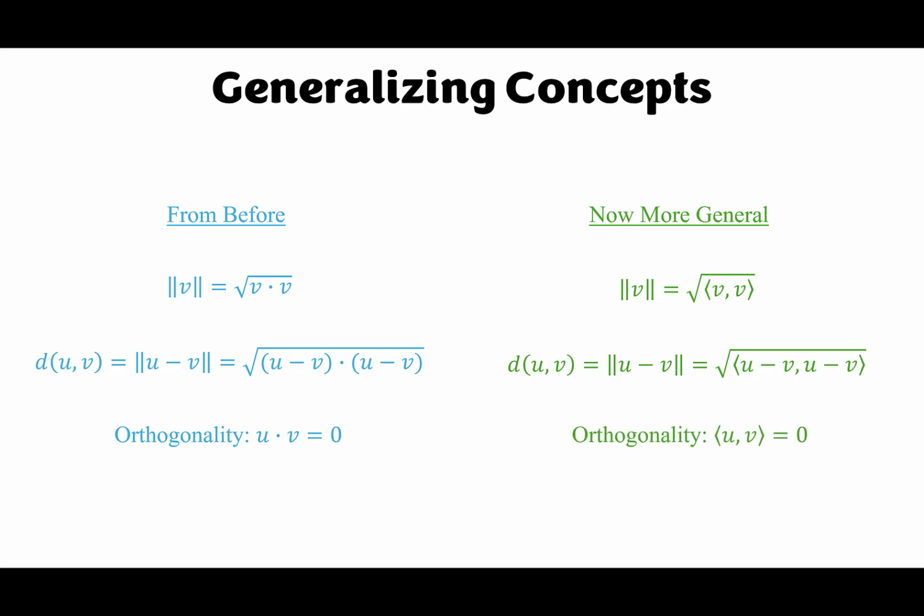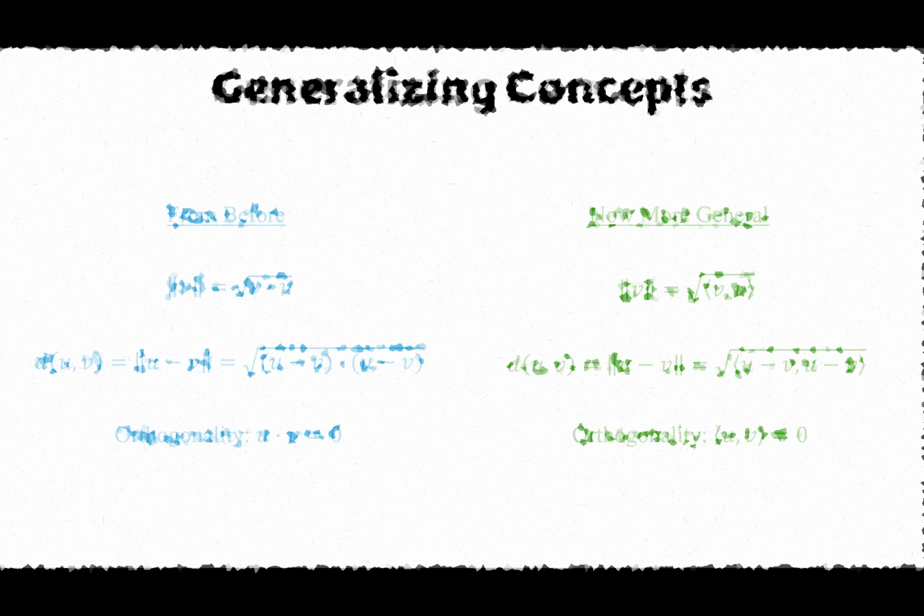Also orthogonality: the inner product of u and v being equal to 0 means those 2 vectors are orthogonal, and it works both ways. If they're orthogonal, the inner product of u and v is 0. And if the inner product of u and v is 0, that means the vectors are orthogonal. Right? So this is the more generalized version of these concepts coming from dot products, but now we're working with inner products.